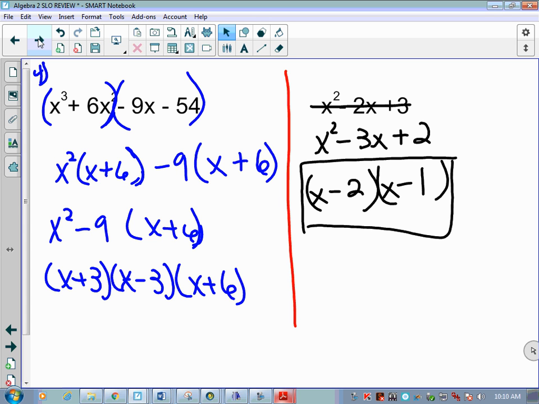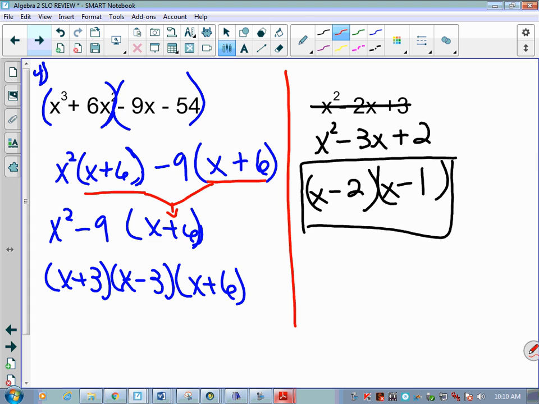Negative 9 times 6 is negative 54. Does that work? Yes. So hopefully we understand that whenever I get the same thing in both sets of parentheses, they come down as a single set. Then I'm going to take these two pieces and bring them down together. So I'm getting x squared minus 9 times x plus 6.